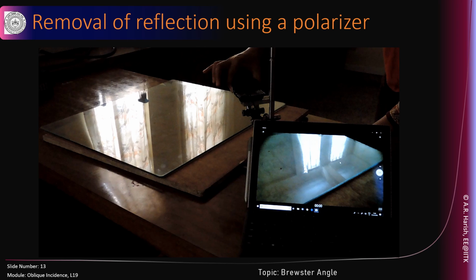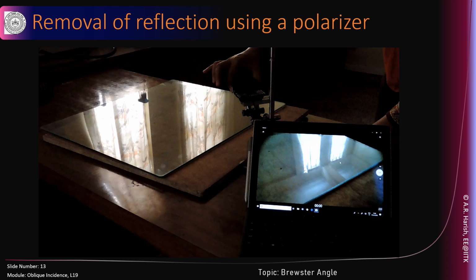Now we have a polarizer kept here, and there is a person here who can rotate the polarizer and change its orientation. There is a camera right behind the polarizer, and we are seeing the image through that camera. That means what we are seeing here is what is coming through the polarizer.